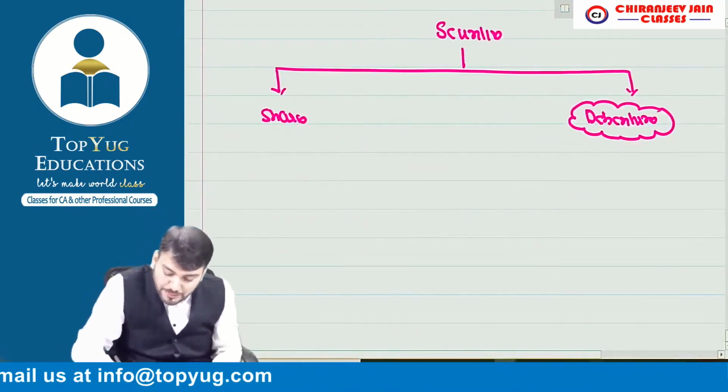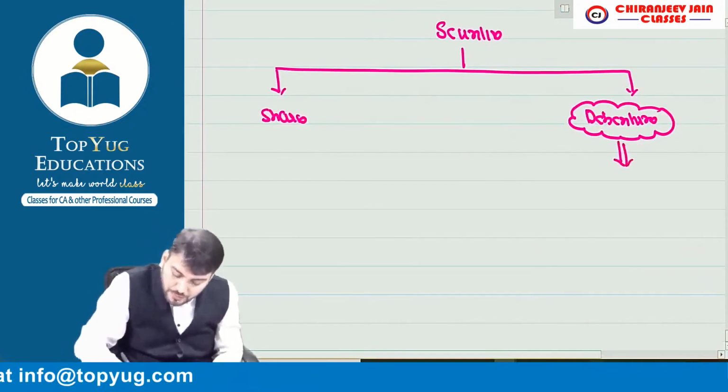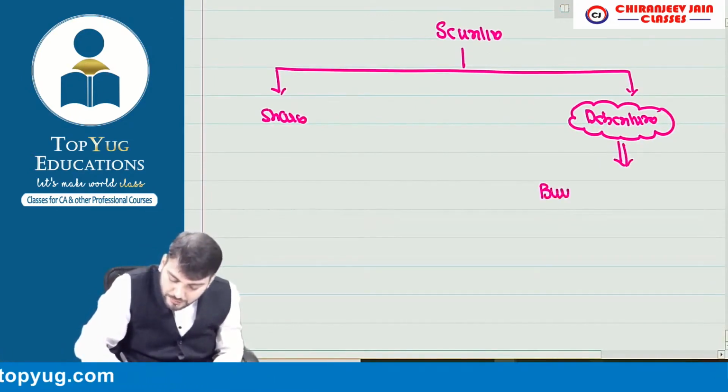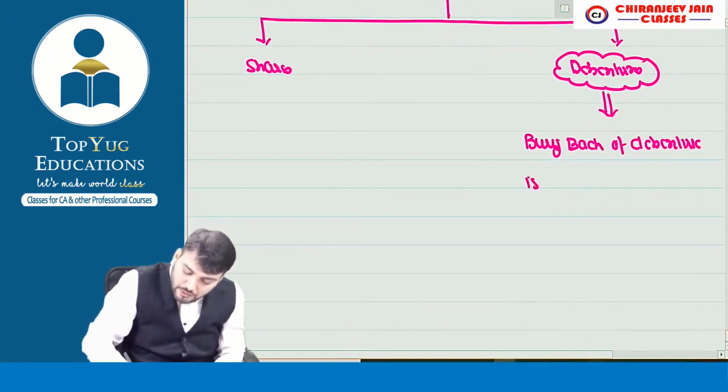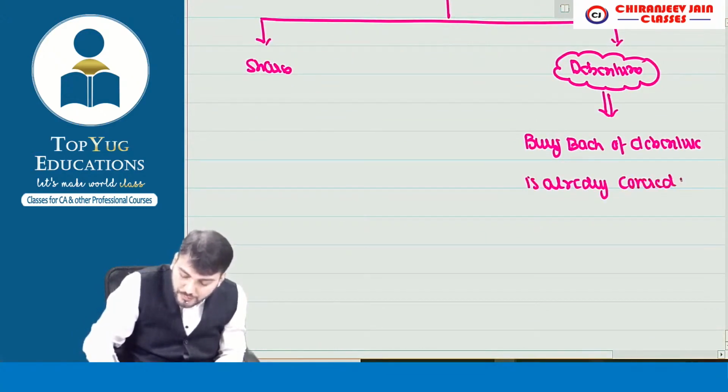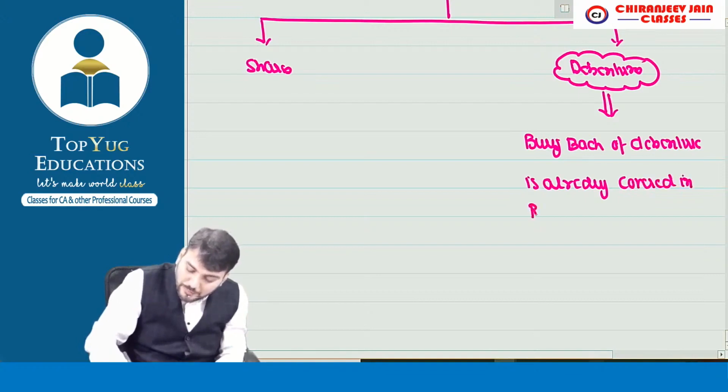So buyback of debentures is already covered in the redemption of debenture chapter.